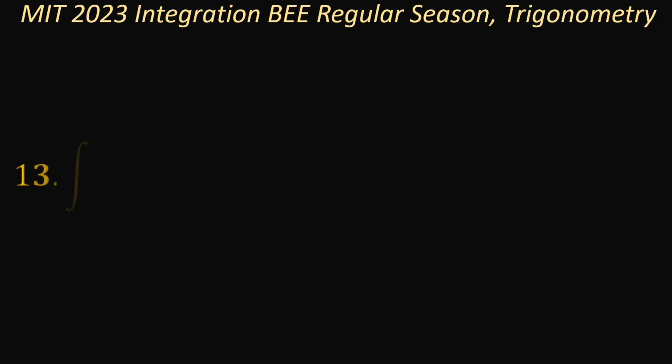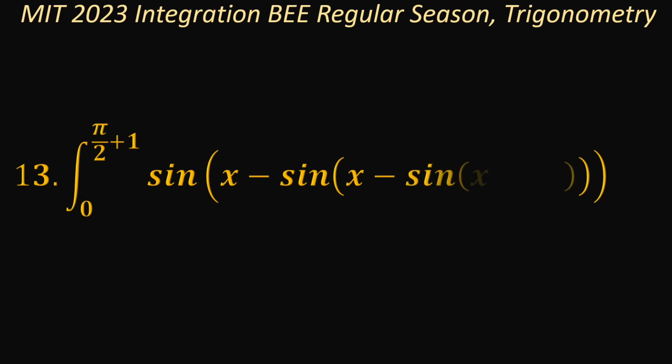We move forward to question 13, which is the integral of sine x minus sine x minus sine x nested, continuing all the way to an infinite number of sines, from 0 to pi over 2 plus 1.